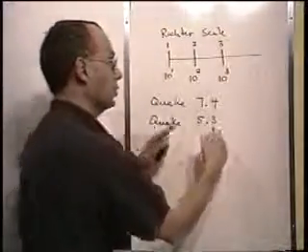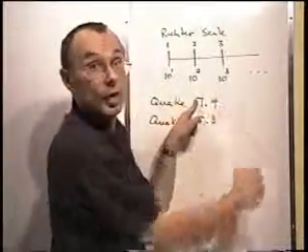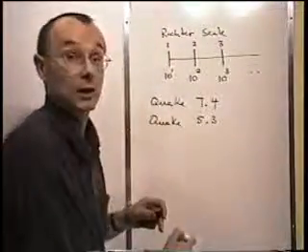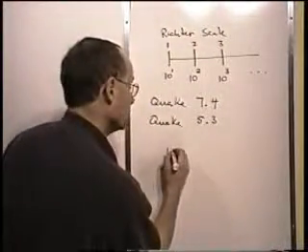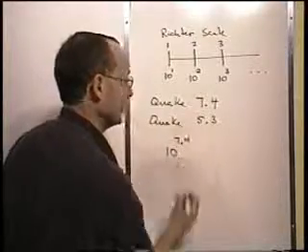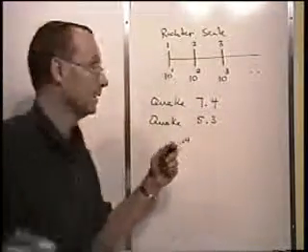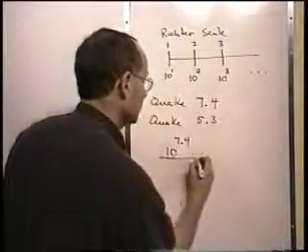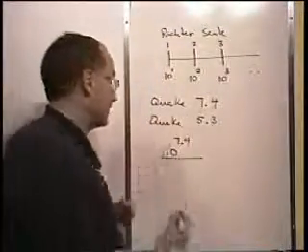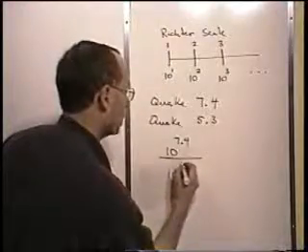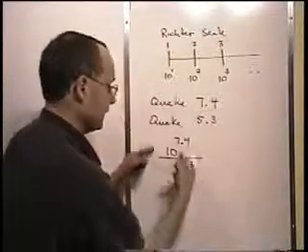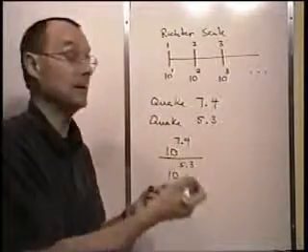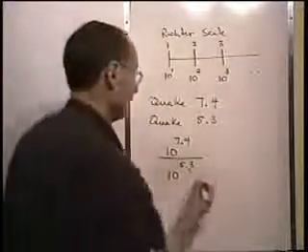Now suppose I want to know how much more powerful is this first quake. Okay? So I'm going to take the bigger quake here, and its power is 10 to the 7.4. That's how powerful this first quake is. I'm going to divide that by the smaller quake to see how many of these smaller quakes fit into the larger quake, to see how many more times powerful the bigger quake is.